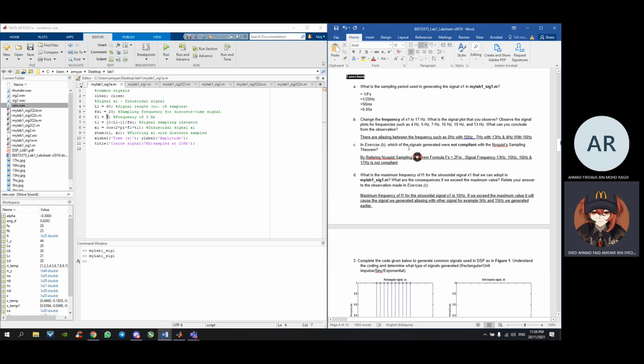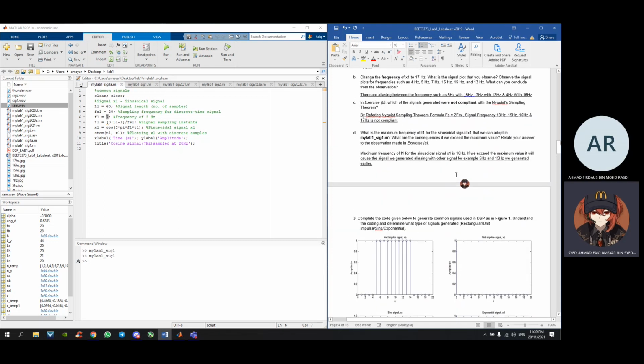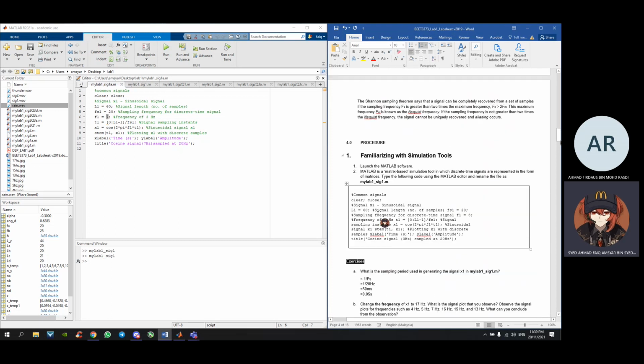C is which of the signals generated will not comply with the Nyquist sampling theorem. By referring to the Nyquist sampling theorem formula, signal frequencies of 13 Hz, 15 Hz, 16 Hz, and 17 Hz are not compliant. For question D, what is the maximum frequency of F1 for the sinusoidal signal X1 that we can adopt in this lab?